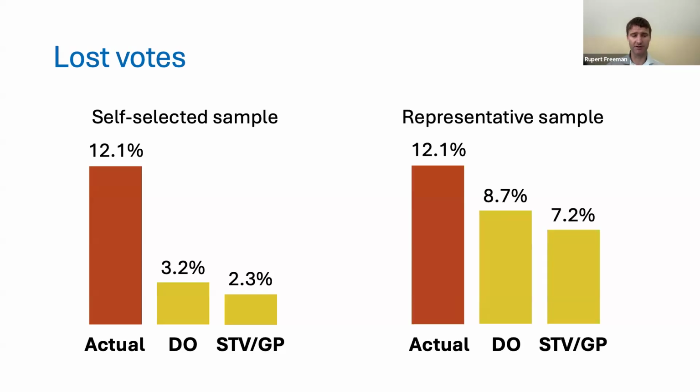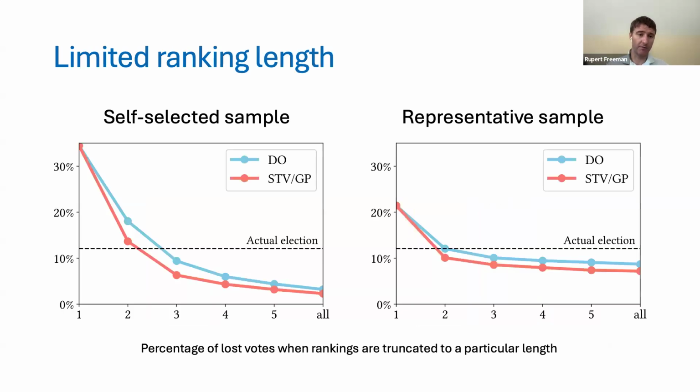In the representative sample, this decrease is still fairly significant, but it's less. One reason for this is that in our representative sample, many people simply didn't give a second choice. So we're not able to have their vote transferred to a second choice party. Another takeaway from this is that limited ranking length was actually enough to increase representation.